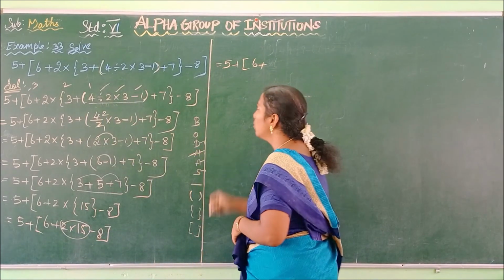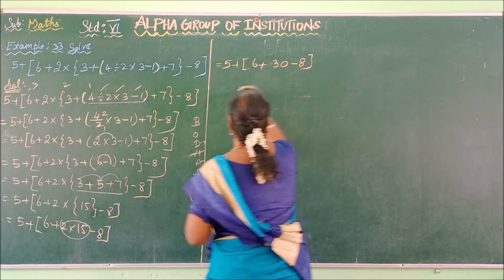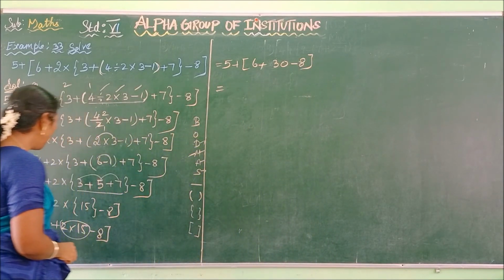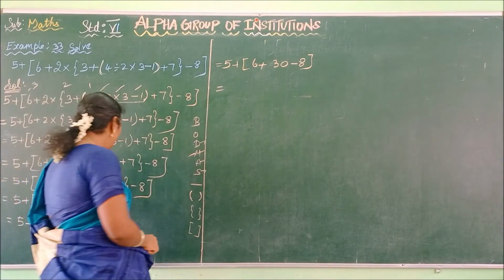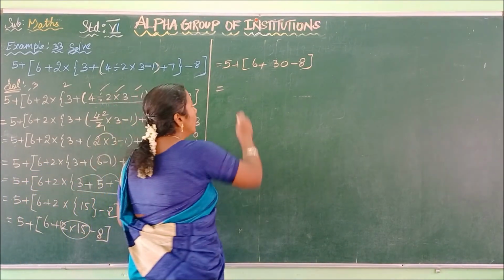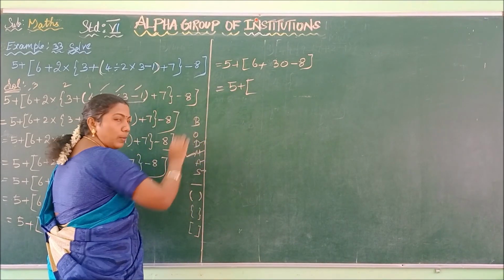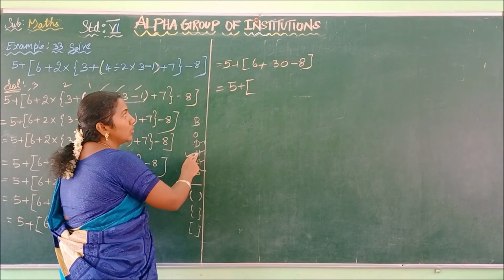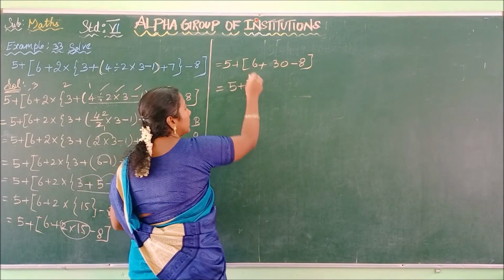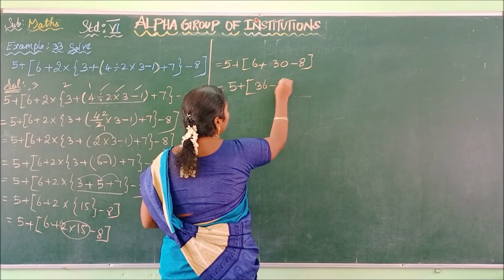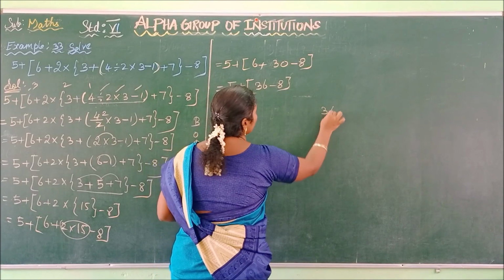So 2 into 15, what is your answer? 30 minus 8. Okay. So as per the BODMAS rule, we have evaluated the multiplication. So next to the multiplication, you have to evaluate addition and then subtraction. So 30 plus 6, 36 minus 8. So 5 plus 36 minus 8.